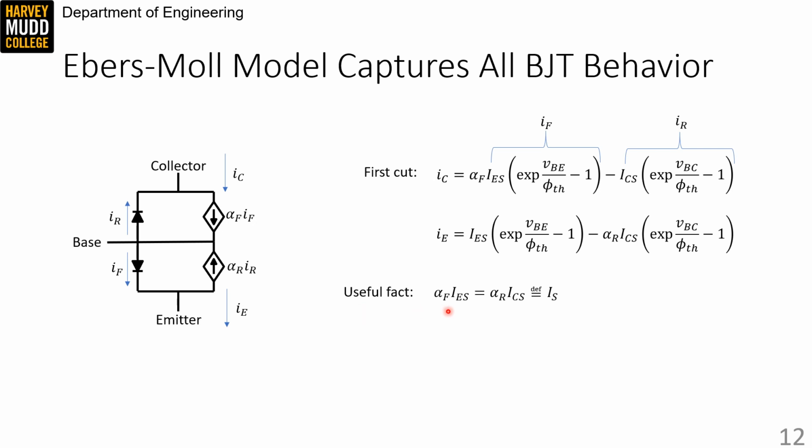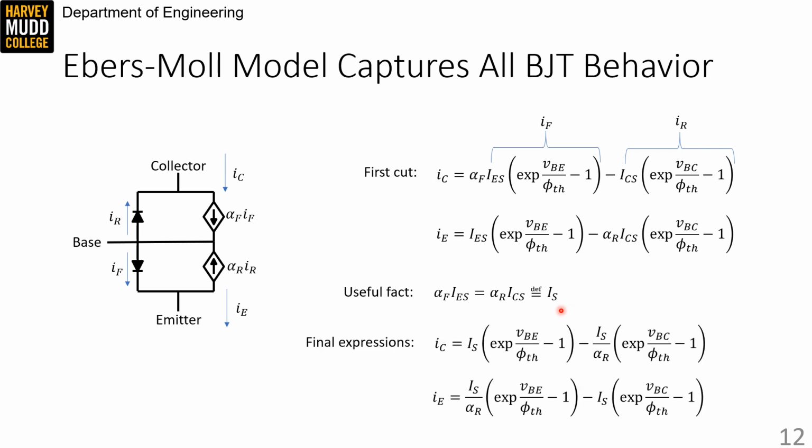We define this quantity as IS, which lets us simplify the notation that we use for the BJT. Substituting the useful expression that we just derived into our first cut at the Ebers-Moll equations gives us our final Ebers-Moll model, which is written in terms of IS, alpha R, and alpha F.